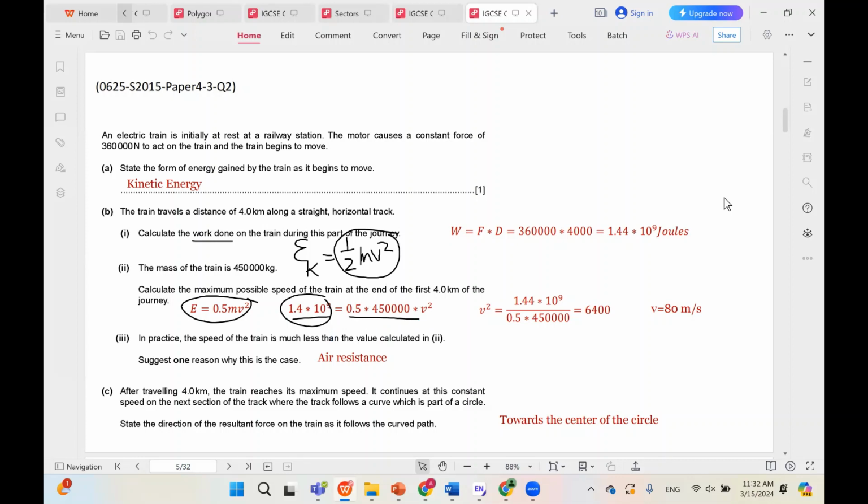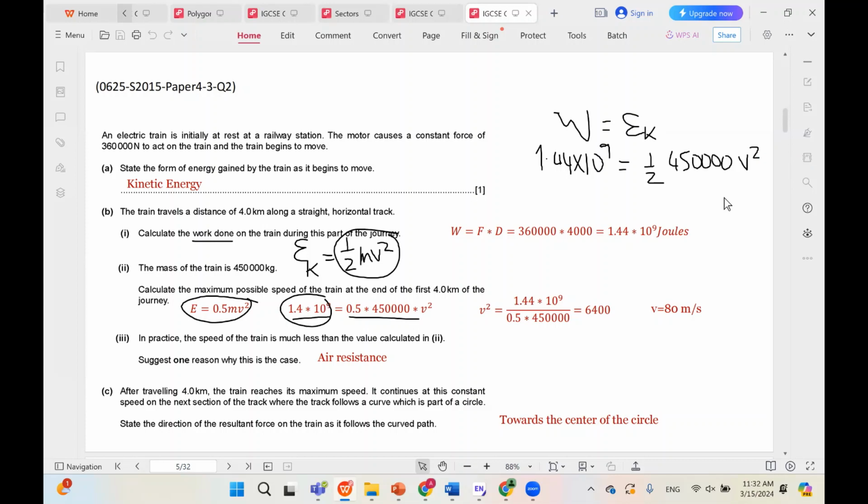So let me do this here on the right-hand side so that you better understand. We're going to say that work done equals kinetic energy. Work done is 1.44 times 10 to the power of 9. This is equal to the kinetic energy, which is half, times the mass. The mass is 450,000. And multiplied by the velocity squared.